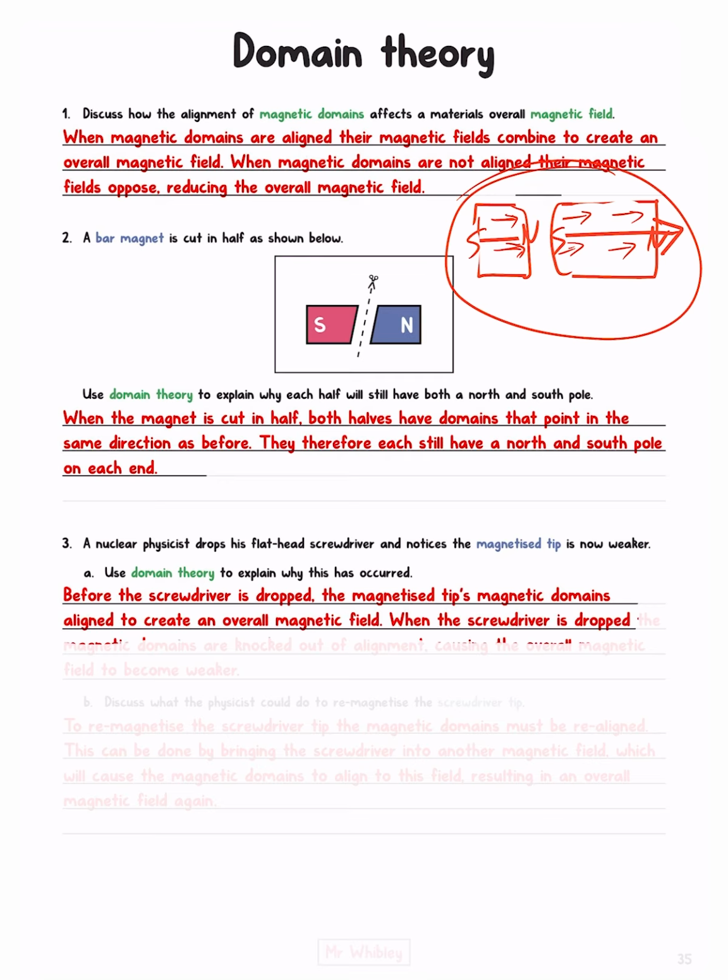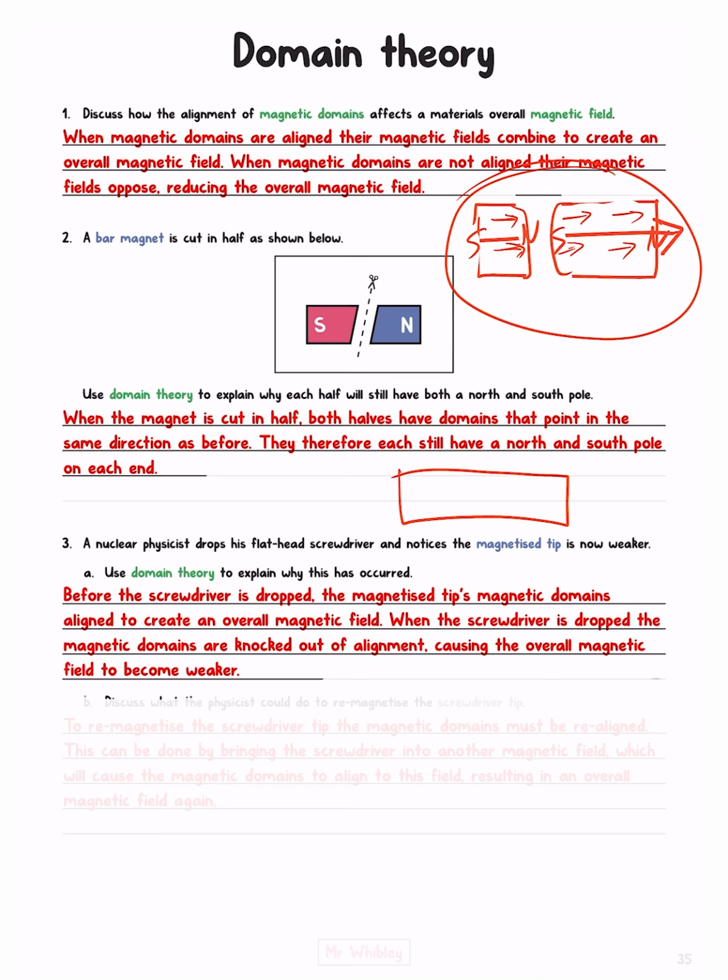When the screwdriver is dropped, the magnetic domains are knocked out of alignment, causing the overall magnetic field to become weaker. The idea being that we have a material which initially has the domains all in the same direction, but by giving it a knock, these domains will come slightly out of alignment, and so they'll start to cancel each other out and result in a weaker overall magnetic field.